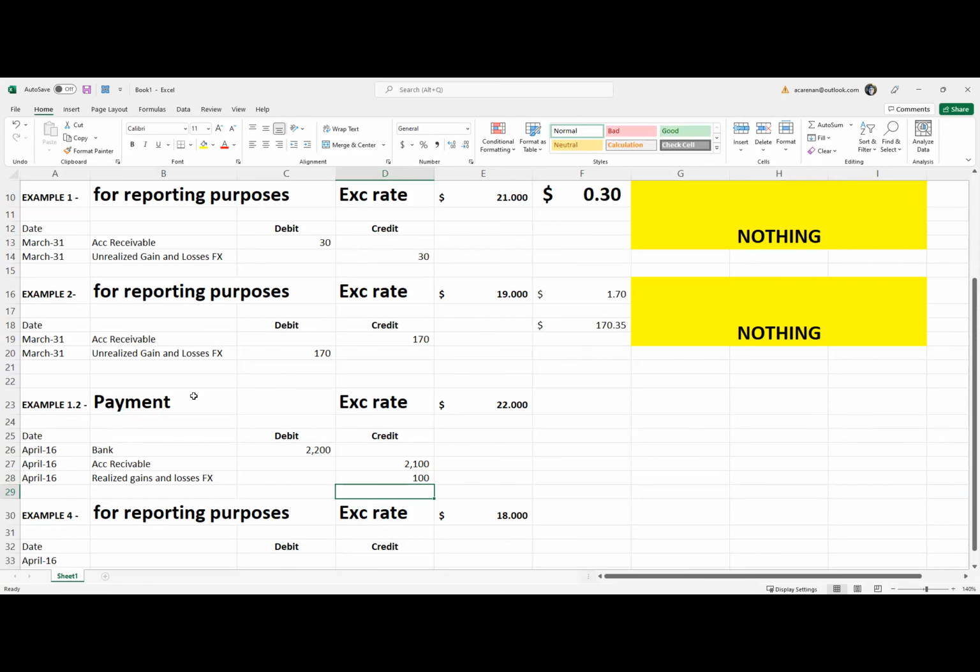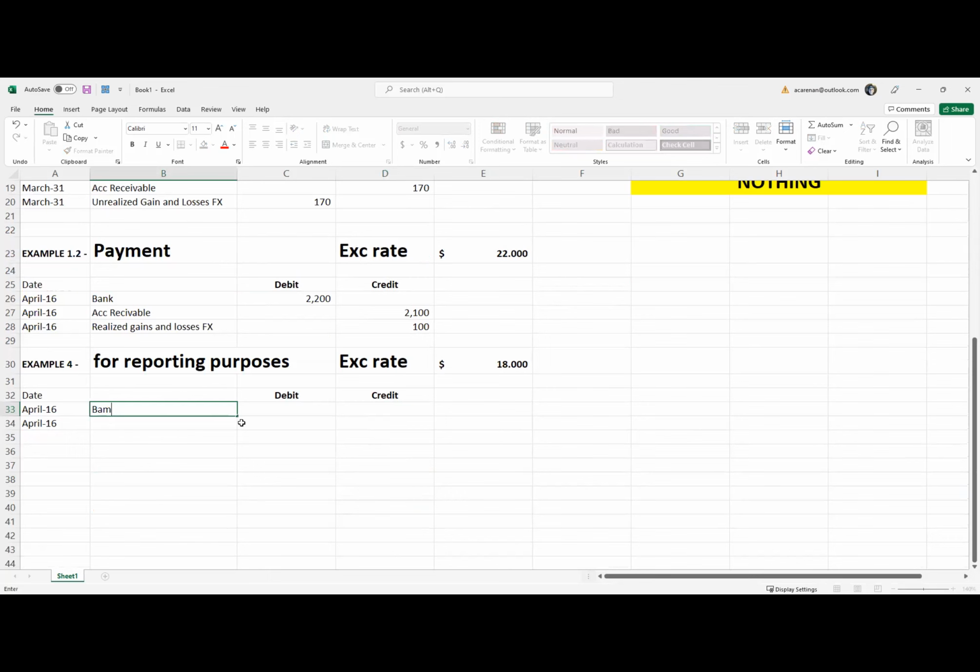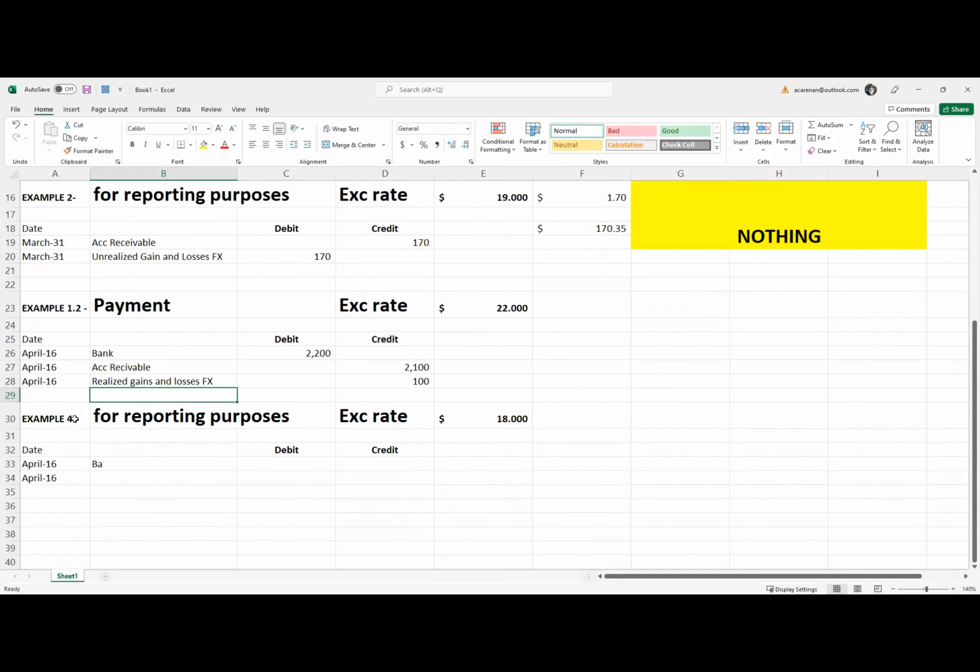What would happen in case of the example 2.1, no, 2.2?